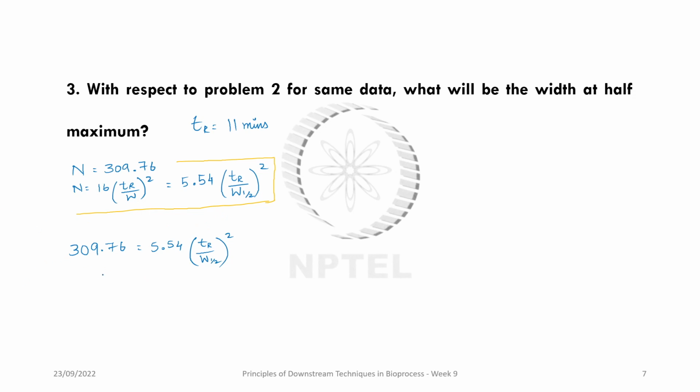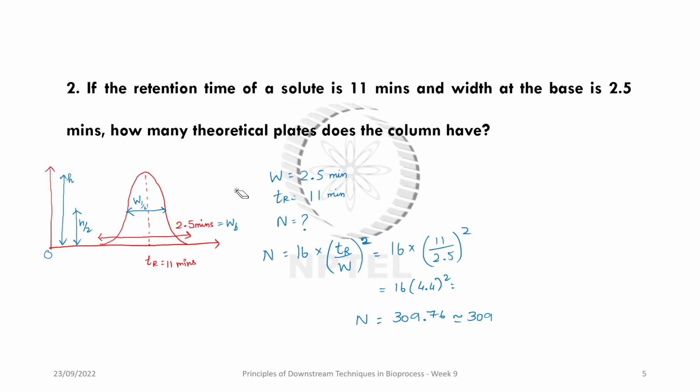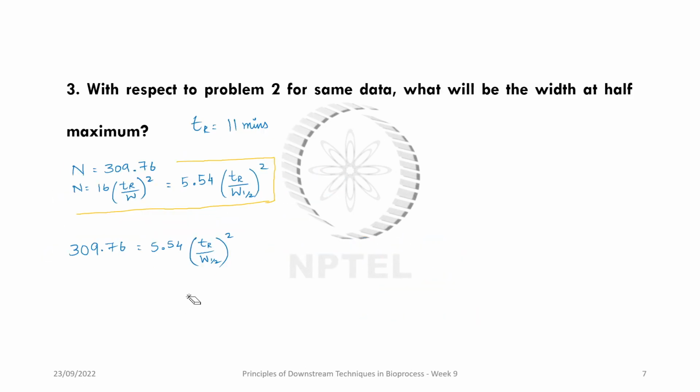So how that 5.54 comes. This is an empirical relation. It's not exactly an equation. It's more of an empirical relation. So with Gaussian distributions over time, people see even the 16 is just a number, right?